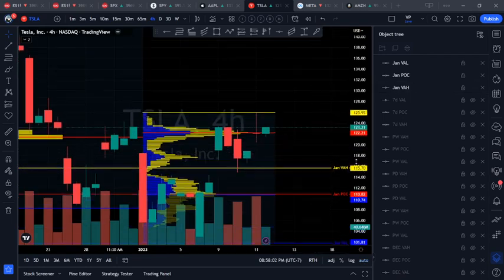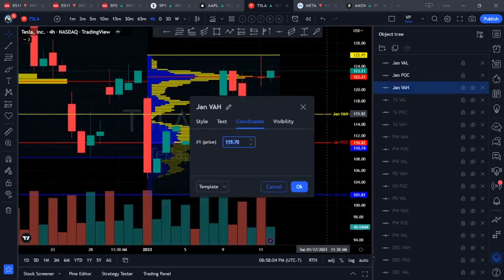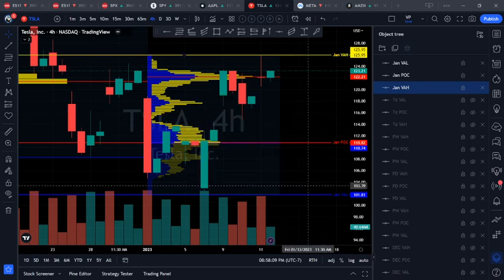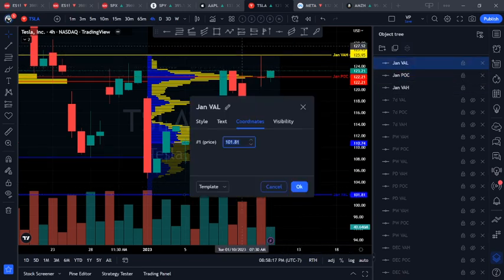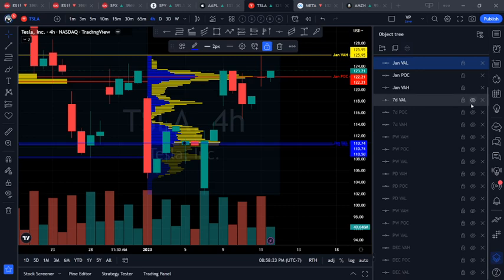There we go. 125.95 for value area high. POC actually moved to 122.21. And value area low of 110.74 on the monthly chart. So what else do we got?